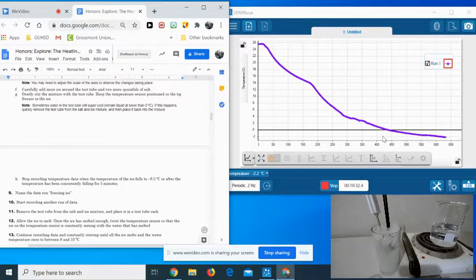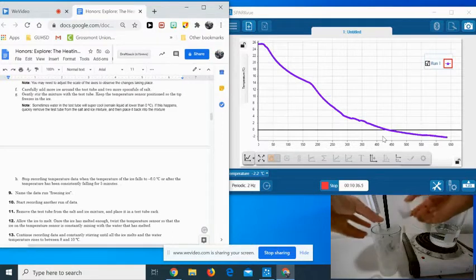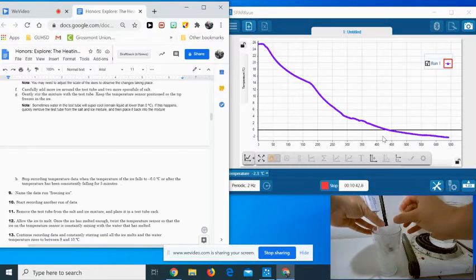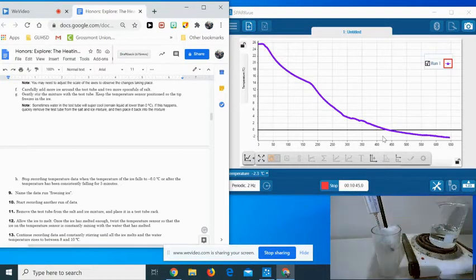But you see how that line was very steep at first, and now it's not so steep anymore, okay? It's not so steep anymore. And so I wonder why that is, why there is not that deep change, okay? So we're still moving.